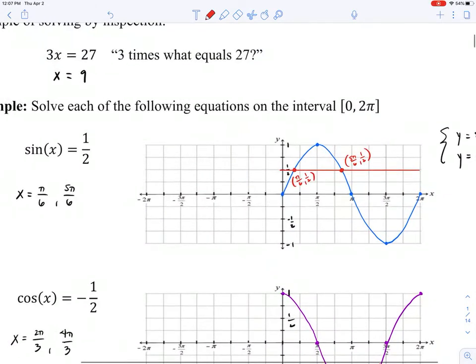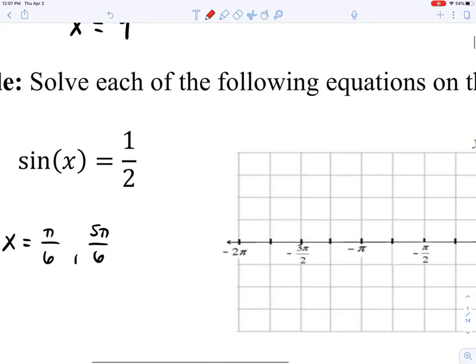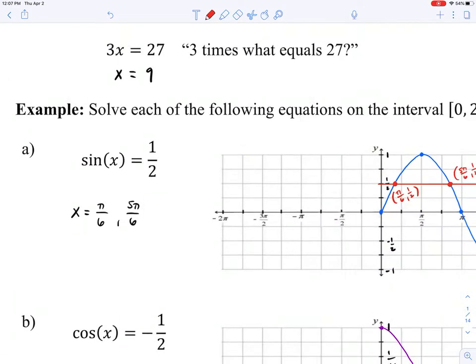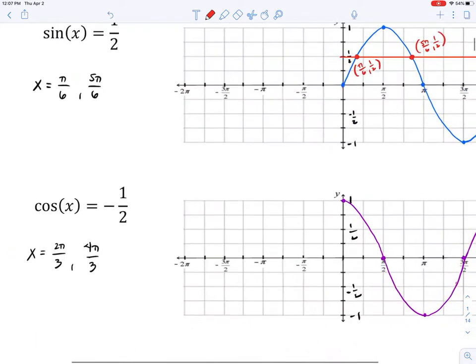But by solving by inspection, since this is a basic trig equation, we're able to find the exact values of this equation. And we're going to talk more about how to find the exact values of any trig equation using the inverse trig functions, but we'll talk about that in a minute.